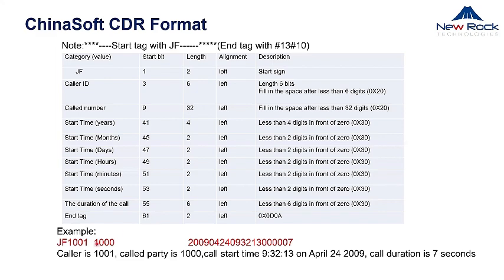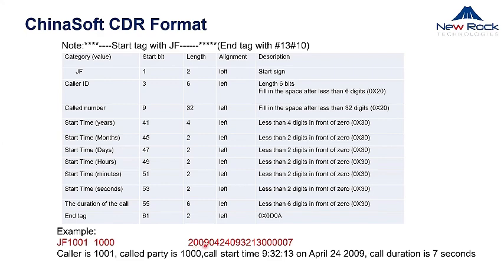So here is the example for the China Soft CDR format. We received this one, GF1001 is the caller ID. And this is the called party, that is 1000. So the call start time, as you can see here, actually starts with the year, right?